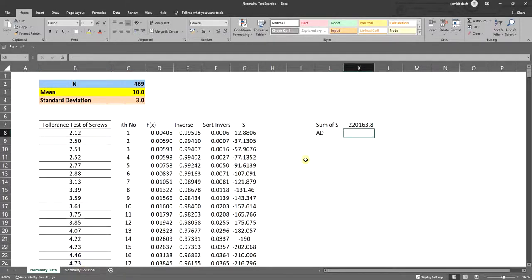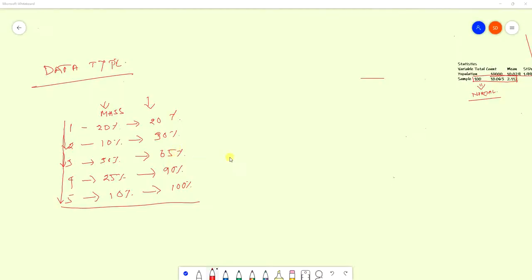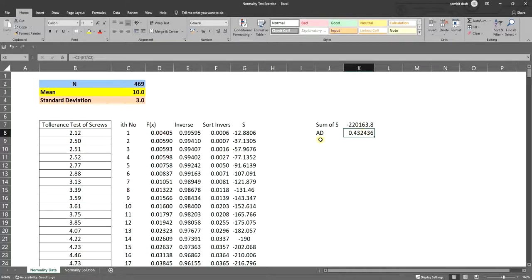To calculate AD, this equal to minus of n, again minus, and you can take a bracket here, S divided by n again, right? We have that 0.432436, and what is this? This is this amount, minus n minus 1 by n, right? And multiplied by the other factors that we have calculated. So we have just done that.